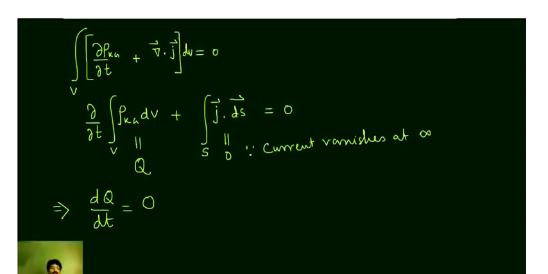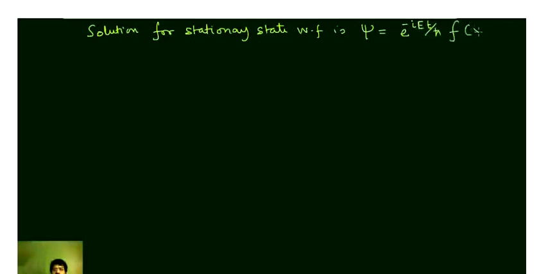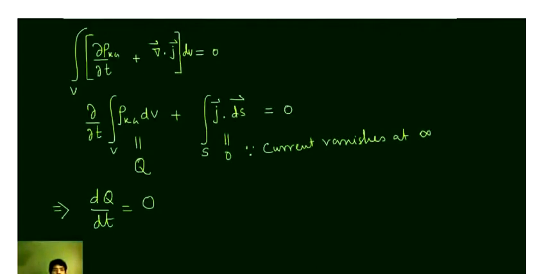The stationary state wave function is psi equals e to the power minus i E t by h cut, times some function of space. Now if you plug this into the value of rho, what is rho? Let's check.